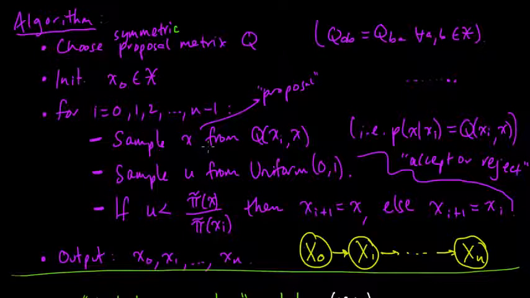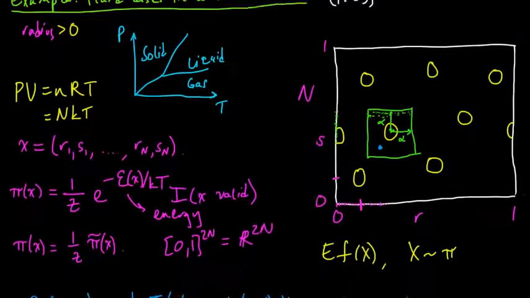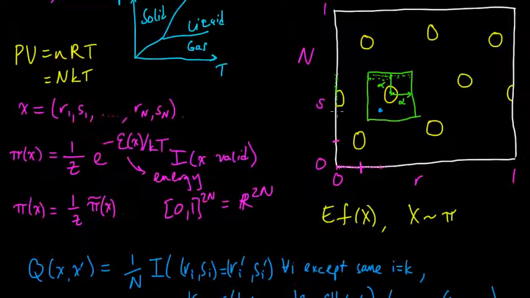So for each step in the iteration, we sample from our proposal distribution. We sample using that process that I just described. You randomly choose a particle, uniformly, and then if we chose this one, we uniformly choose a move within this 2 alpha by 2 alpha square, and maybe we chose this point.